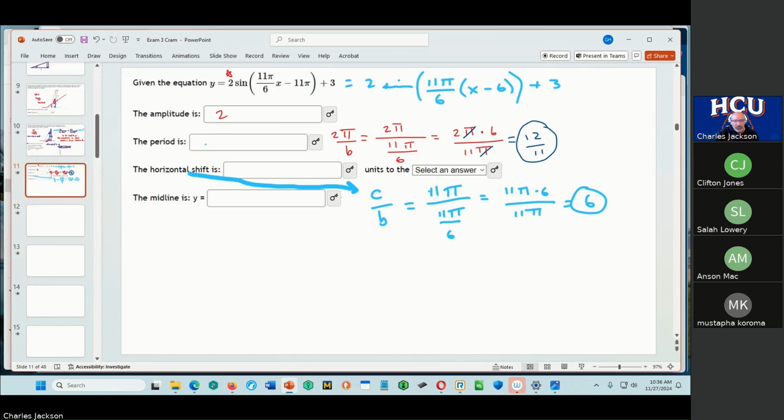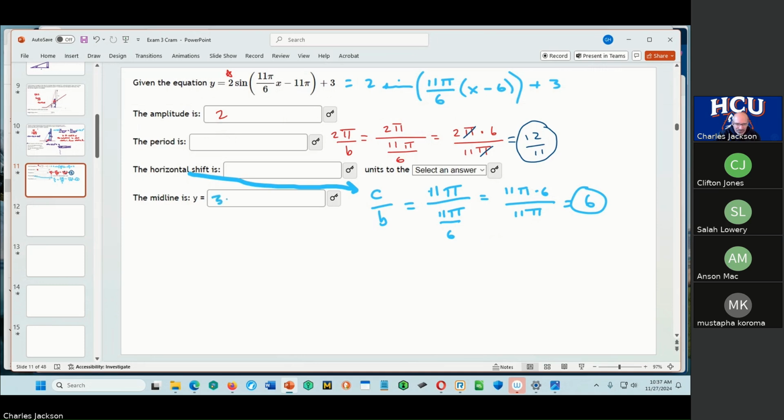Hopefully you can imagine the wave, which starts at the origin, and then you get that wave going. And here there's a vertical shift of 3. And so the midline rises 3 also. And so the midline is the line y equals 3.